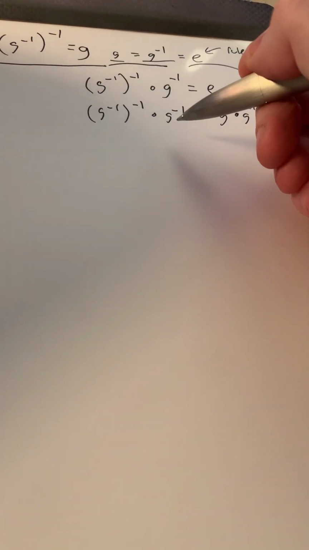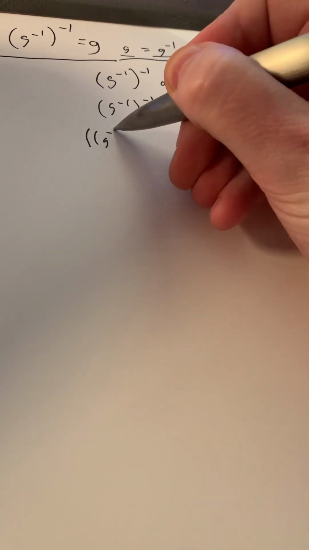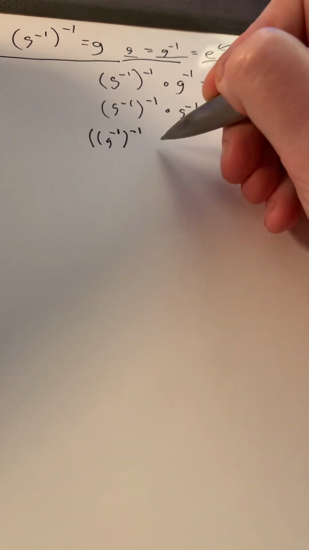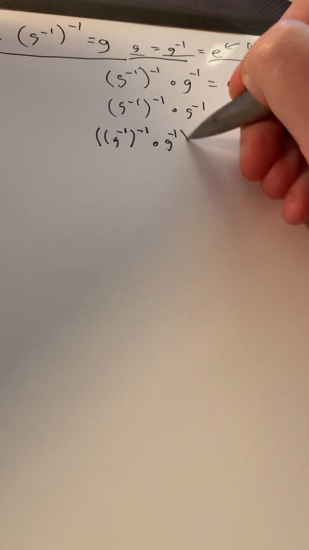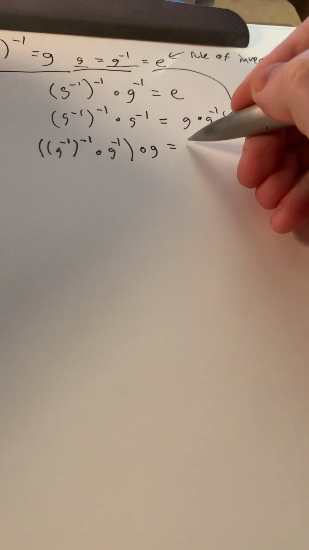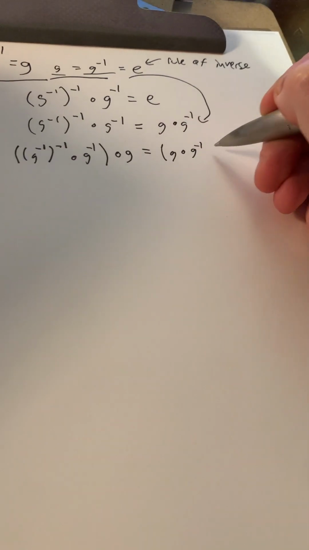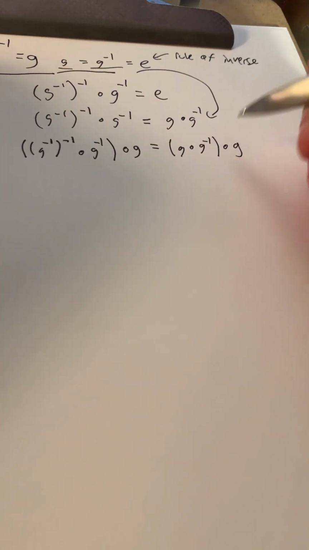We're going to compose the entire thing by G. G inverse composition G inverse, that's just this side of the equation over here, composition G. It's equivalent to, stick some brackets in, G composition G inverse, close brackets, composition G. We just did the same thing to both sides, right?